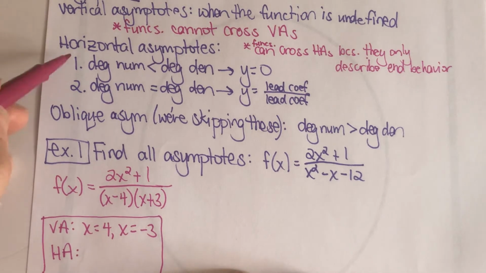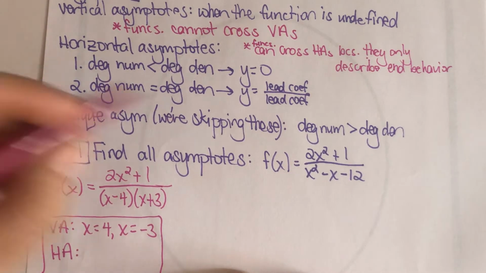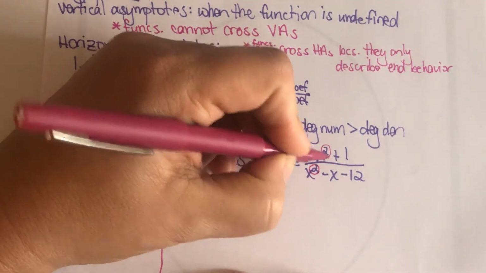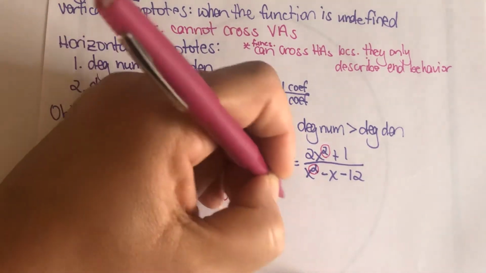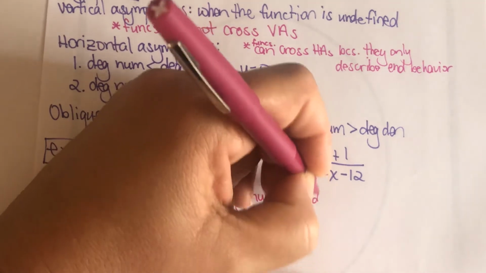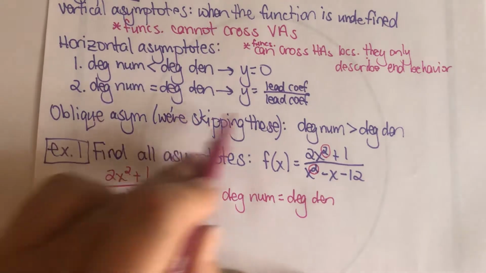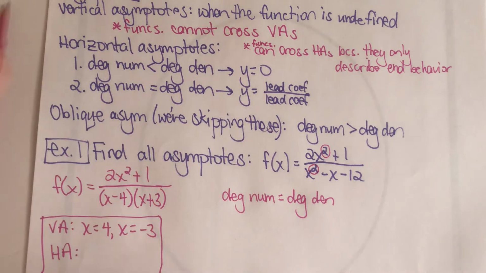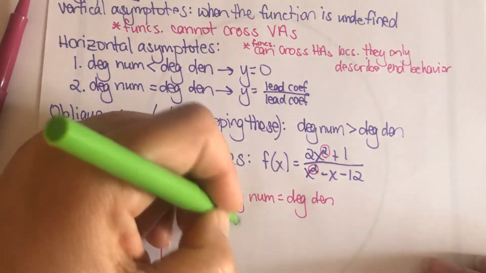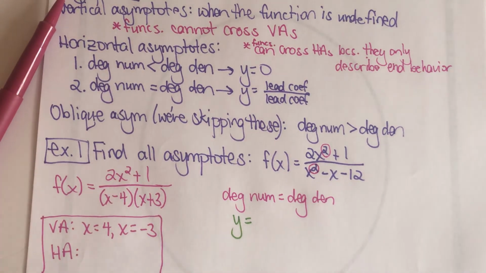Then for the horizontal asymptotes, I need to analyze the degree. The degree of the numerator is equal to the degree of the denominator. So I'm going to take the lead coefficient on top divided by the lead coefficient on bottom. So I'm going to write y equals, remember that asymptotes are lines.